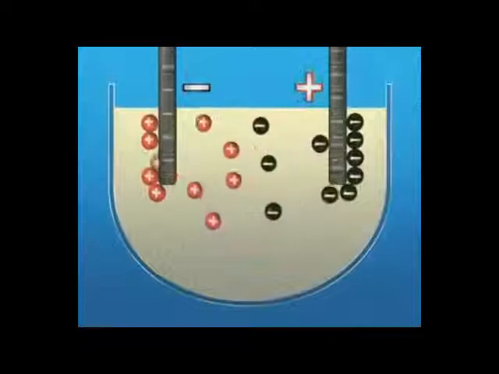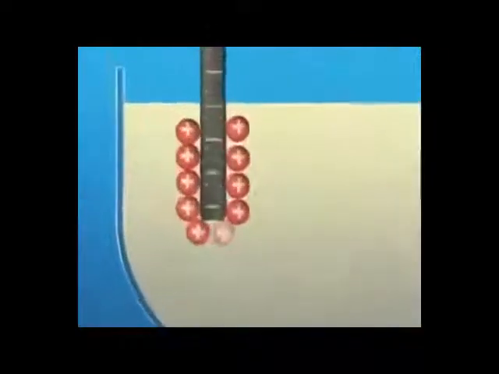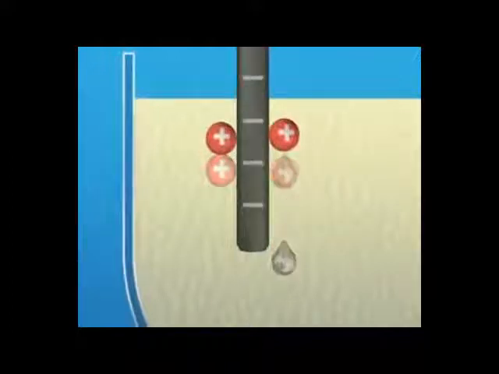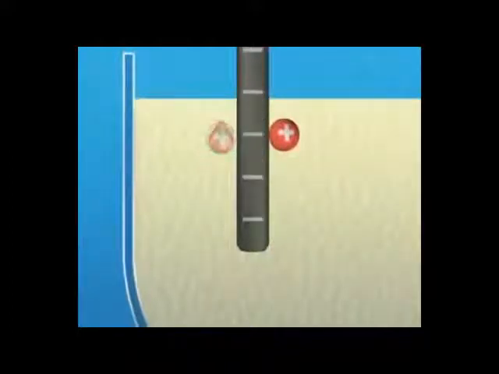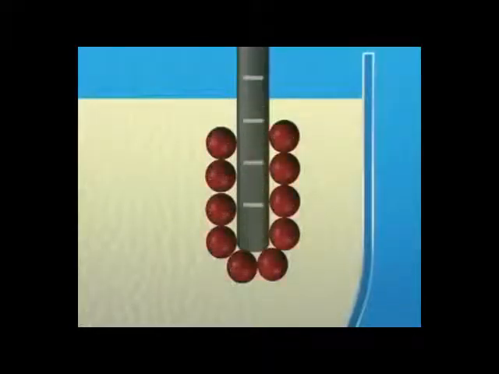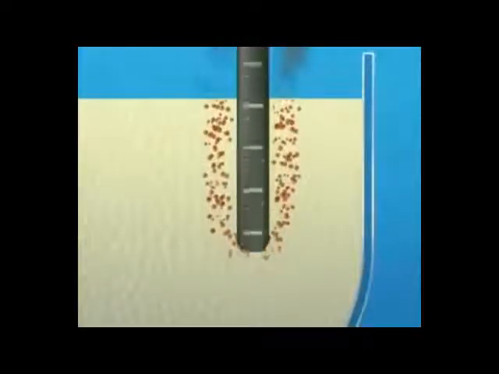The bromide ions are attracted to the positive electrode. Lead ions pick up electrons. They lose their positive charge and form lead atoms. Bromide ions give up electrons. They lose their negative charge and become bromine atoms. These form a gas.